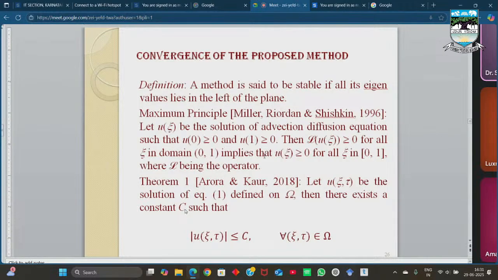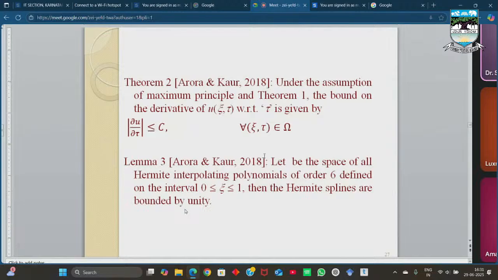That means the function should be bounded over the domain, that is, uniformly bounded. Then the solution will exist. Then the quintic Hermite splines are bounded over the domain by unity, and the solution with respect to t exists if and only if the first order derivative is bounded over the domain Ω.